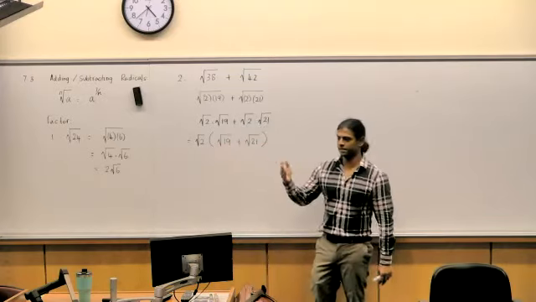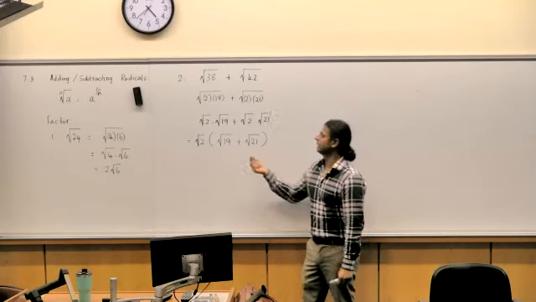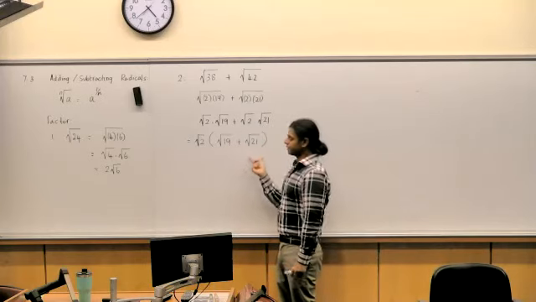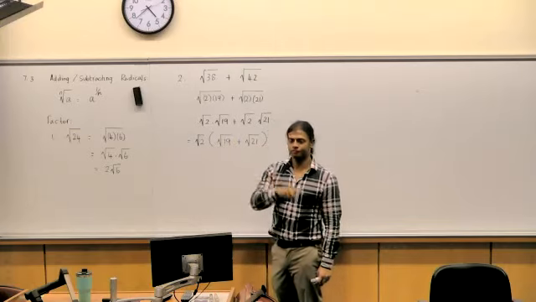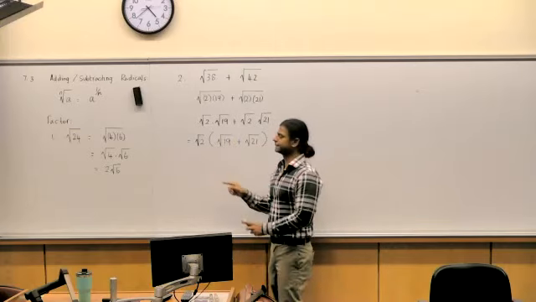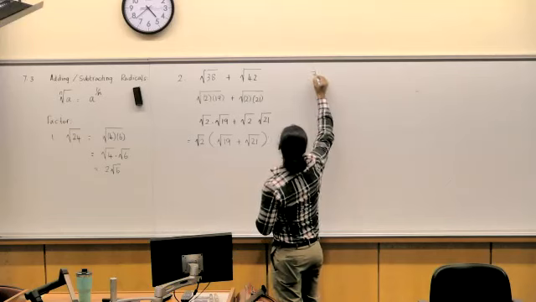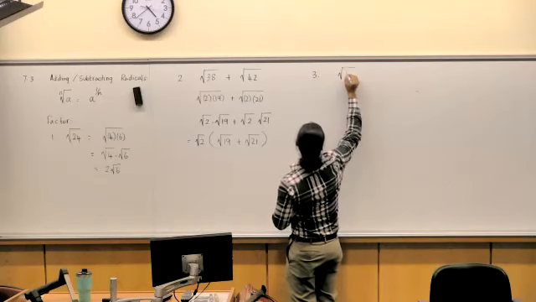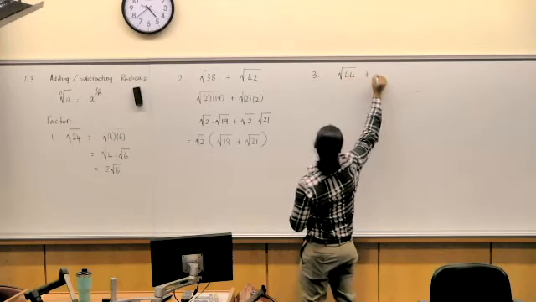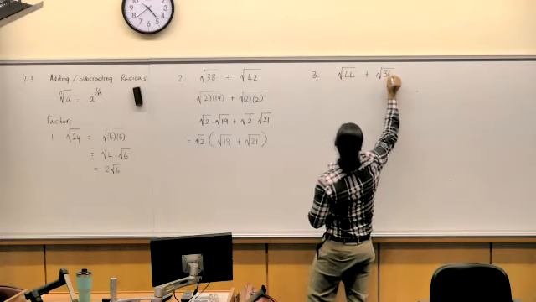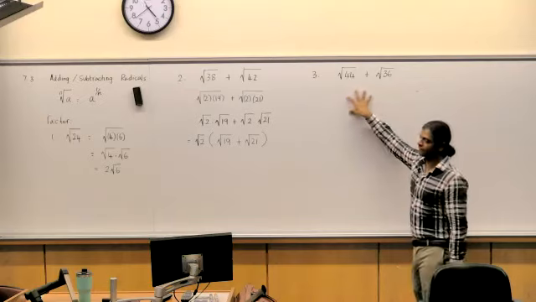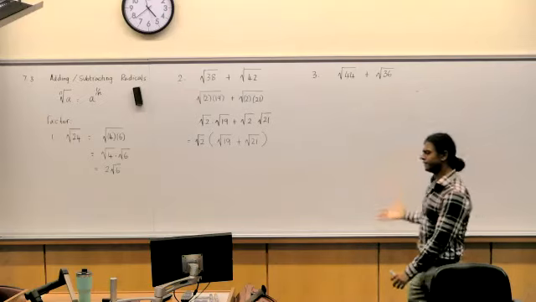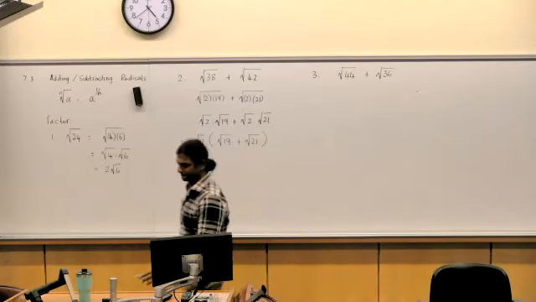You can evaluate these using the calculator. But I want you to understand the process because that's what's important when we have variables. Does that make sense? I want you to give that one a try. Let's see if you can factor it and write it a proper way.